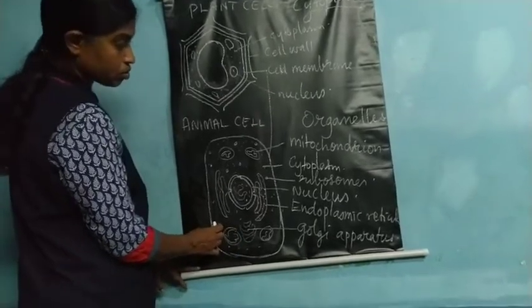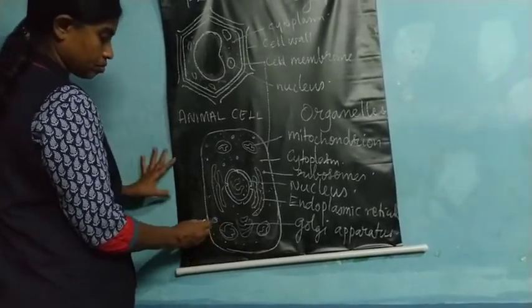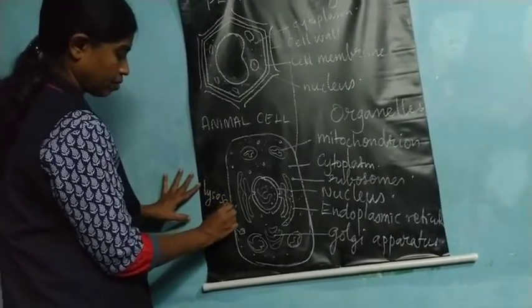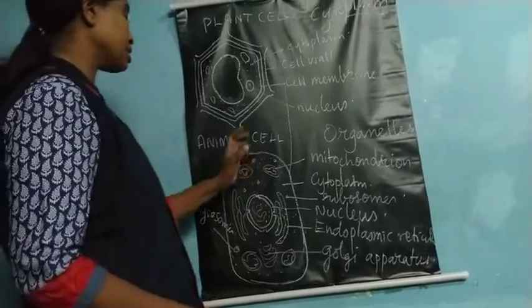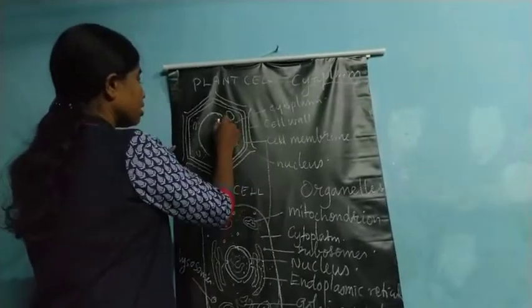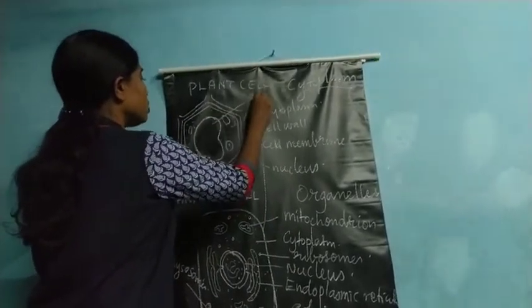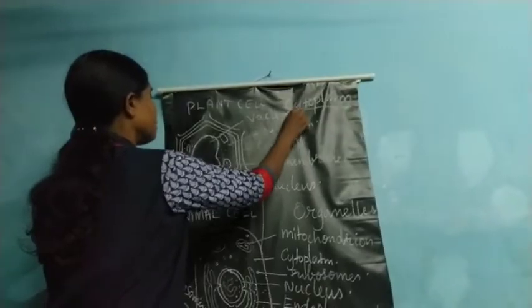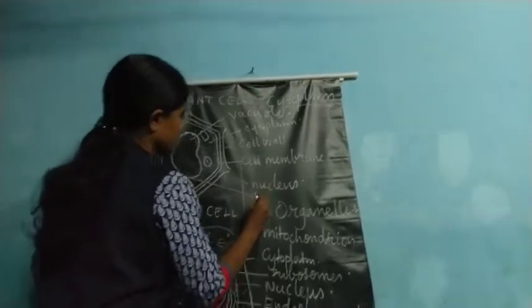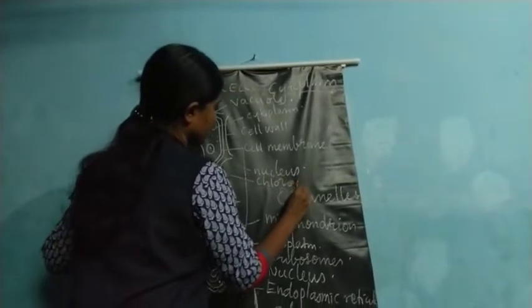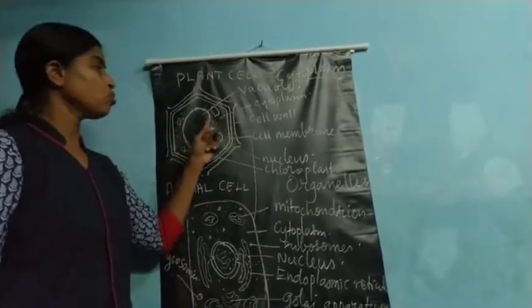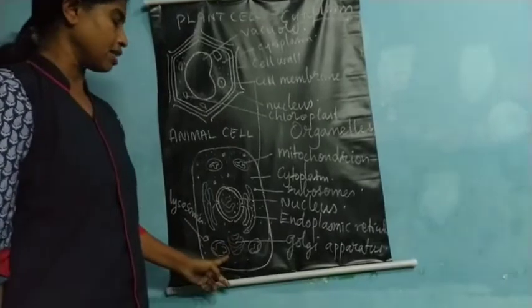Yeah, lysosomes. Etc. These are all the structures found in a cell. And apart from this, here in plant cell you will find a large vacuole. Also, you will find the chloroplast. This large vacuole and chloroplast are found only in plant cell, which is not found in animal cell.